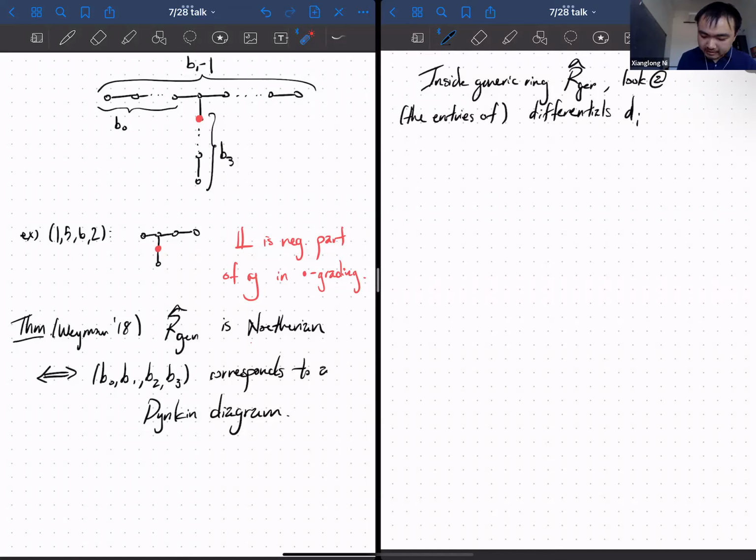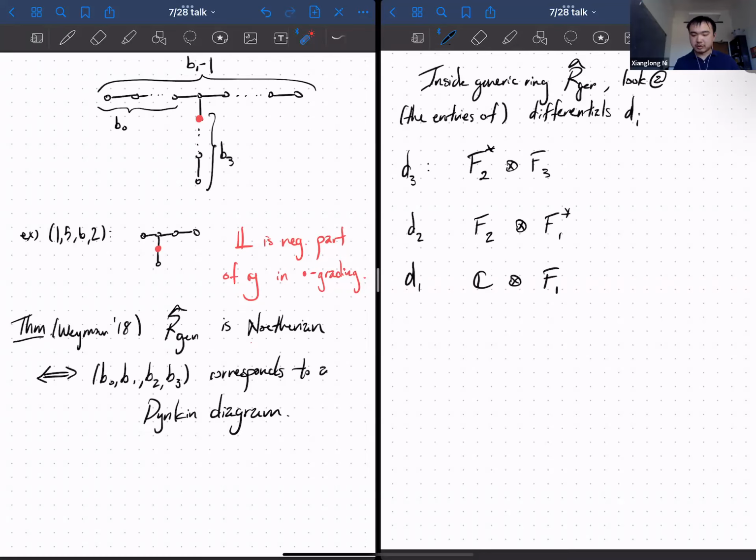So, for example, d3 is a map from F3 to F2, so its entries are actually an element of the tensor F2 dual tensor F3, d2, d1. Then here we have C tensor F1.